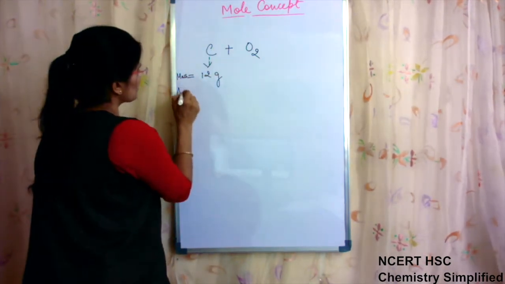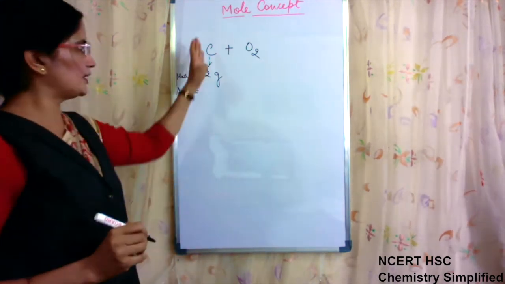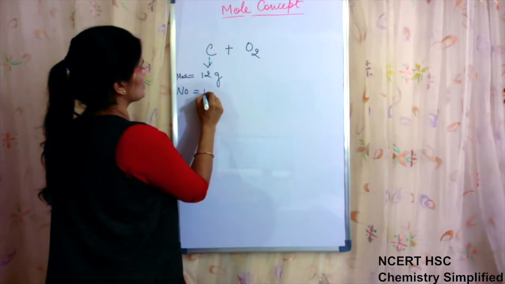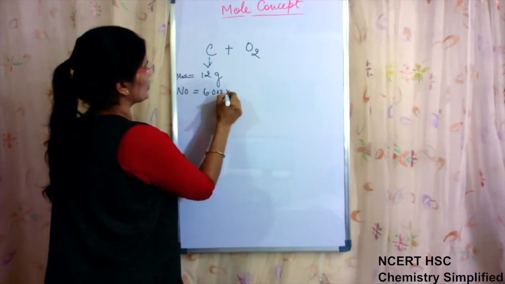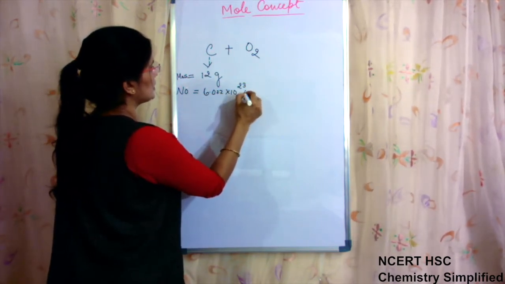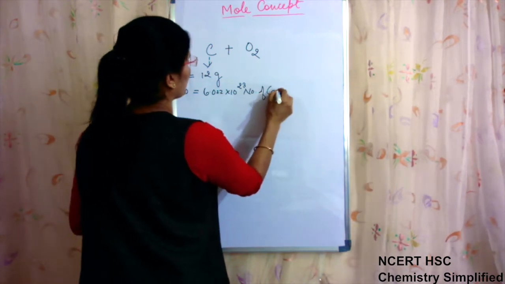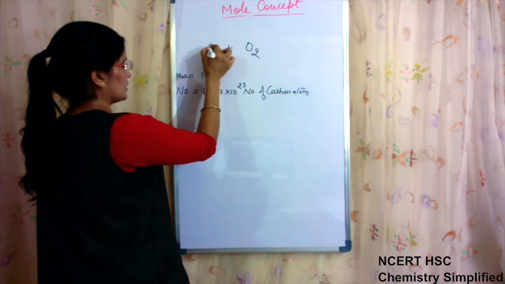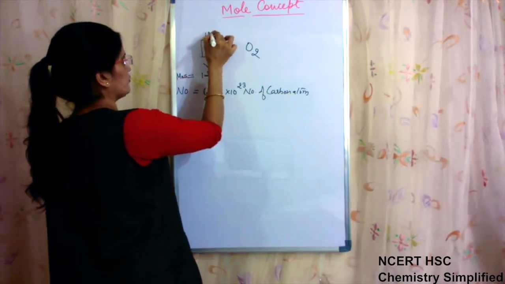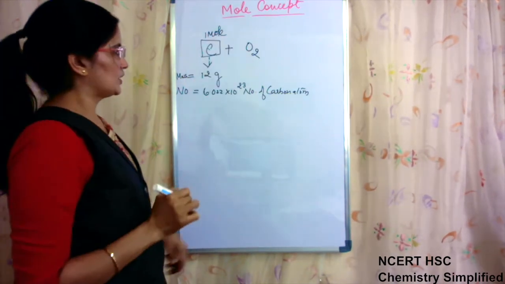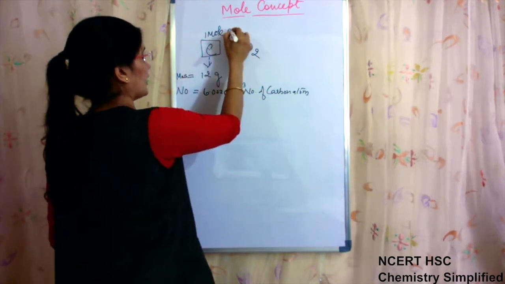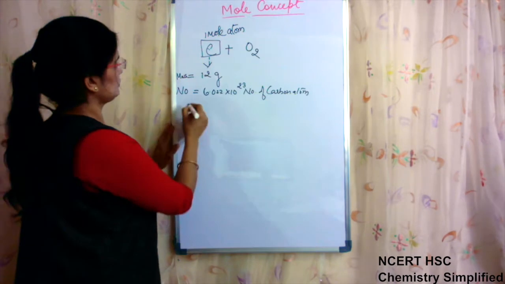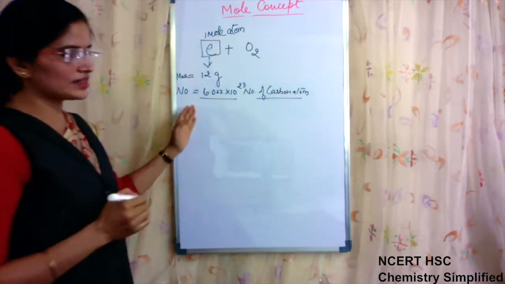If in terms of number I talk, then the number of atoms present in this is 6.022 into 10 to the power 23 carbon atoms. And this written on the board is actually 1 mole of carbon atom, because this is an atom.